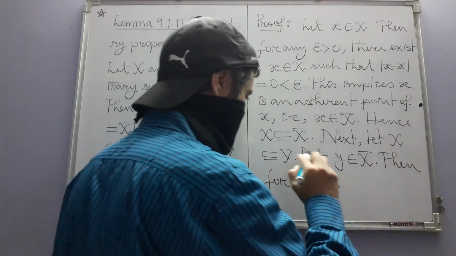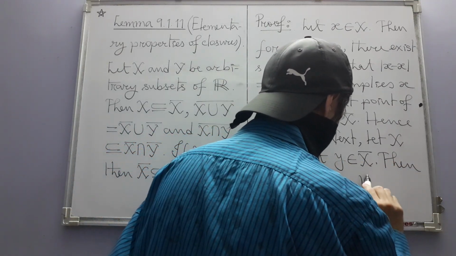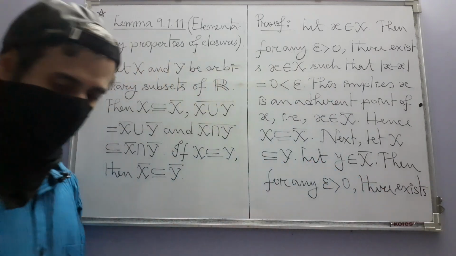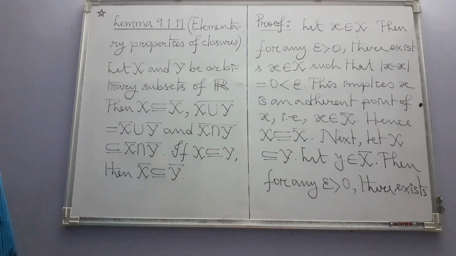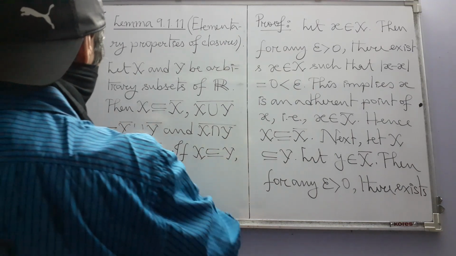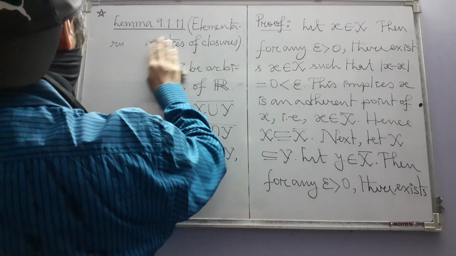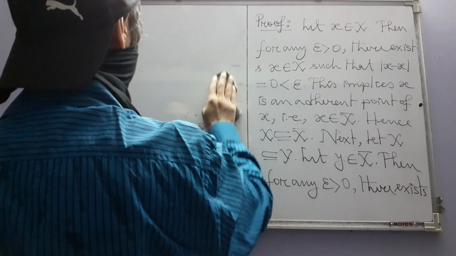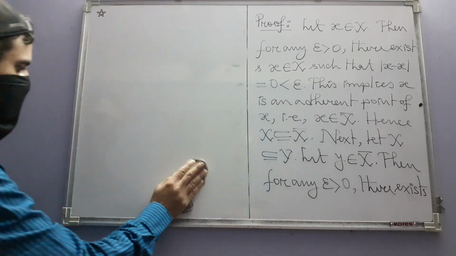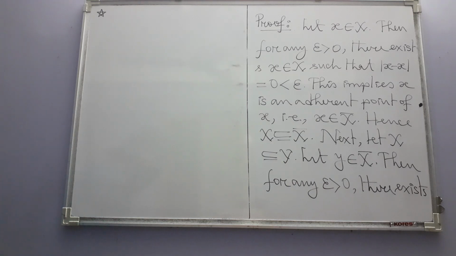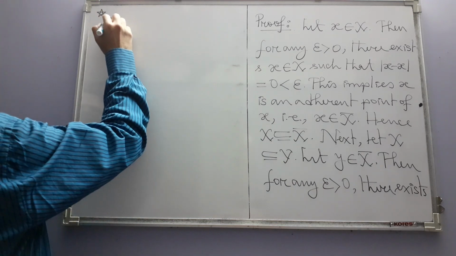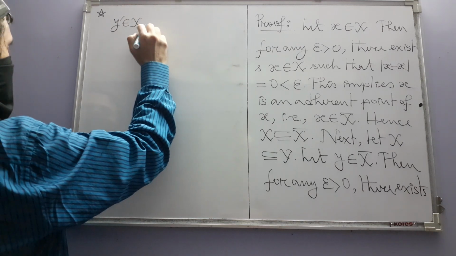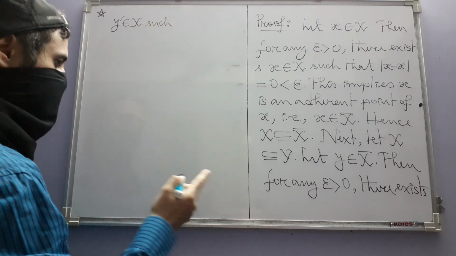So we can directly write, then for any epsilon greater than 0, there exists some element y prime in x that is epsilon close to y.